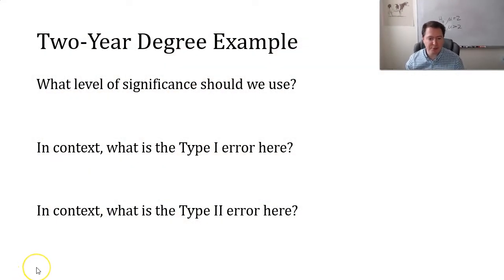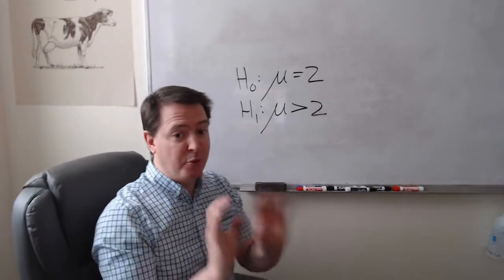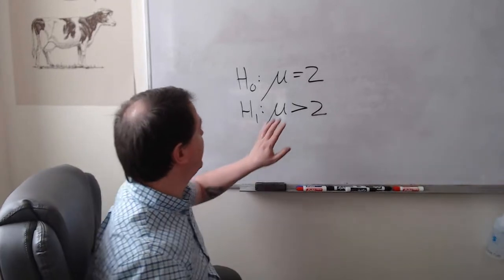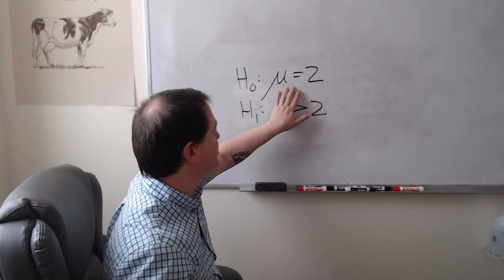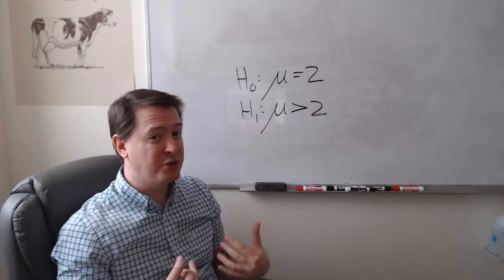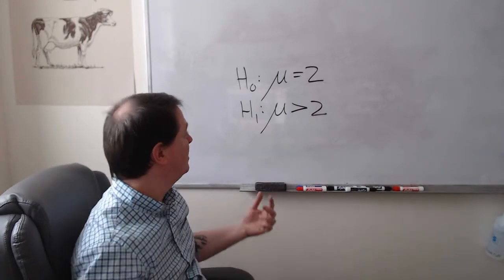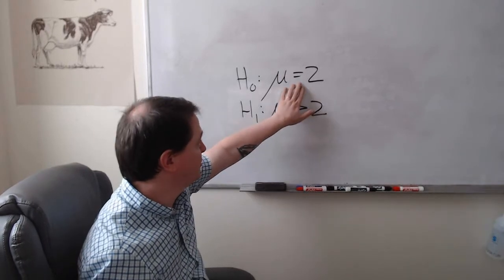So in context, what's the type 1 error here? Well, the type 1 error is, remember, the worst of the two. It's when I reject the null hypothesis when it's actually true. Or a different way to think about it, and the way I usually think about it, is that I've supported this claim when the other one was the one that's true.